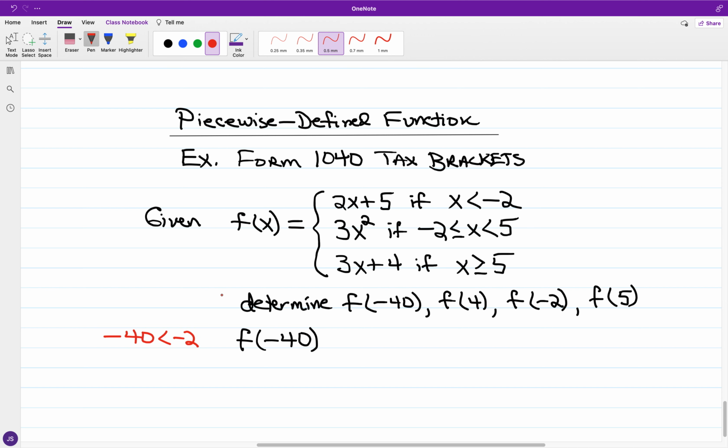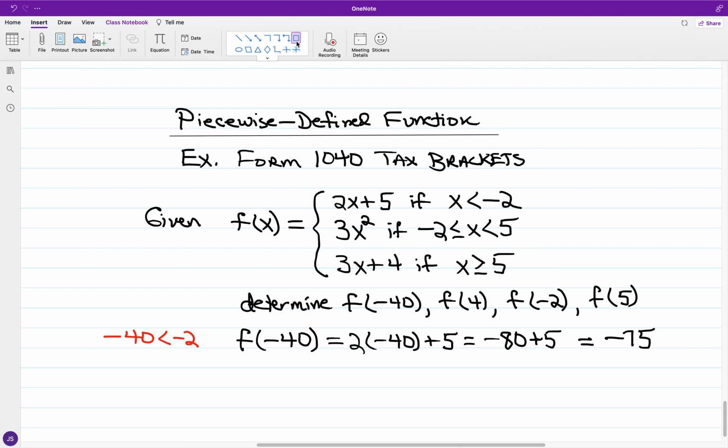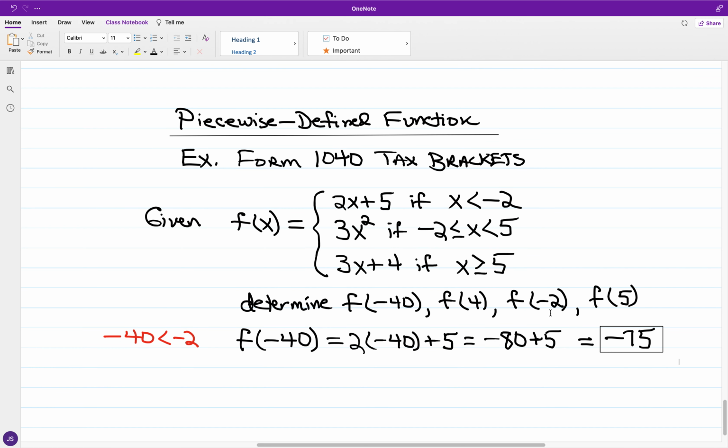Okay, so x is less than -2, so you're going to be using 2x plus 5, this time with x at -40. And we have 2 times -40, so that will be -80 plus 5, and -80 plus 5 is -75. So you have a point located at -40 and -75.